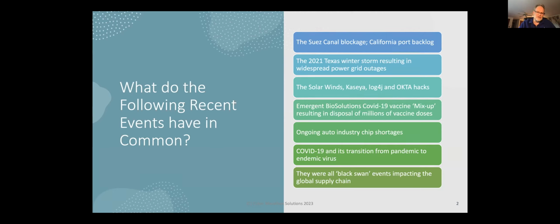We've had SolarWinds, Kaseya, Log4j, Okta. The list of software issues from third parties just goes on and on. There's a number of other issues that I could cite. I could sit here and talk about them all day. But the point is that prior to them happening, they were all considered black swan events.